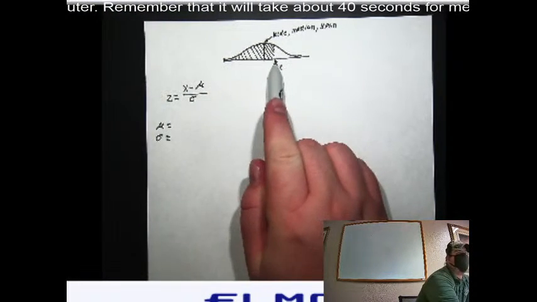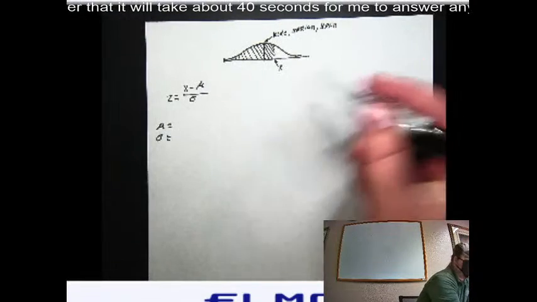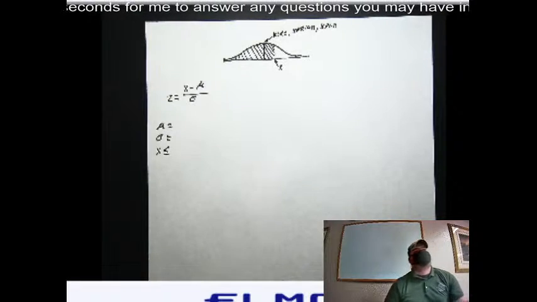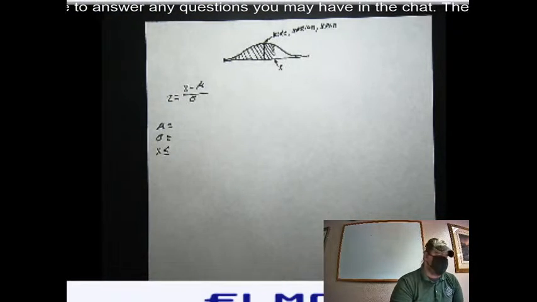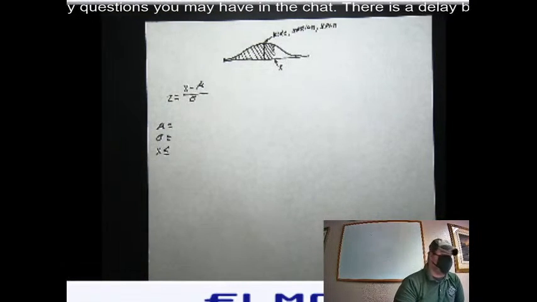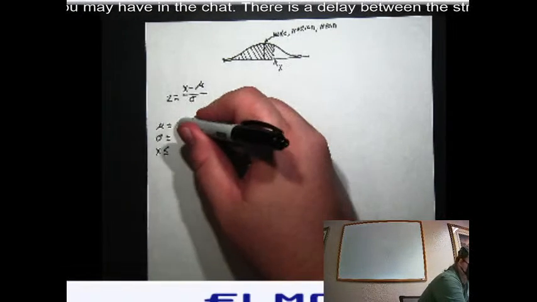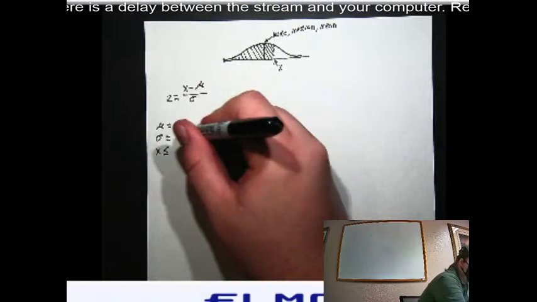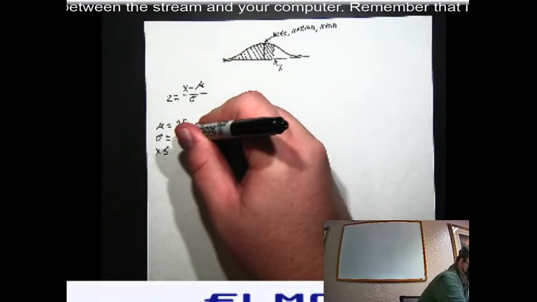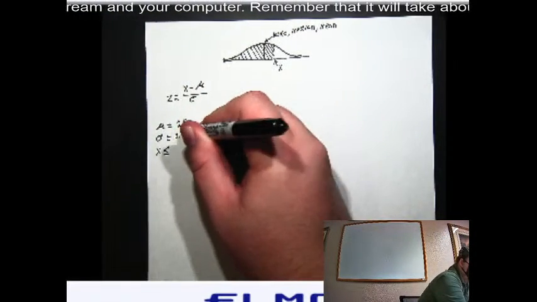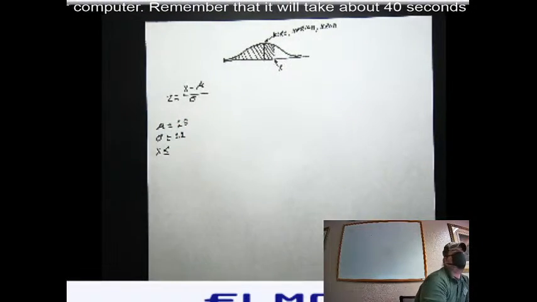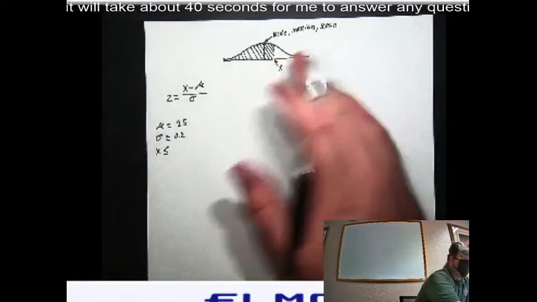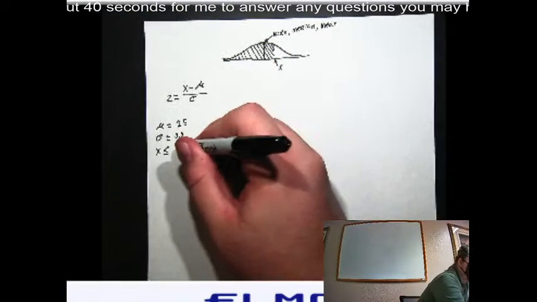Again, this x value is whatever point we're looking at on this curve. So I'll just give us some information here. Let's say we have a mean of 25, a standard deviation of maybe 0.2, and since we're looking at an x value that's above our mean, let's choose something like 40.